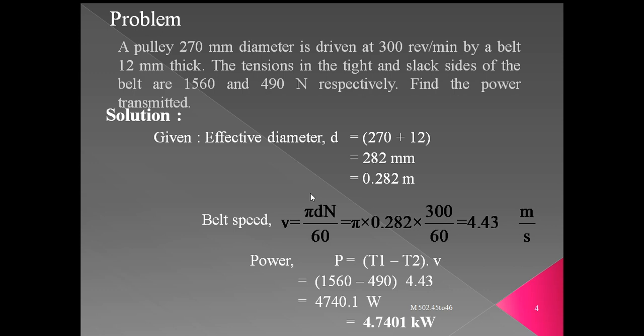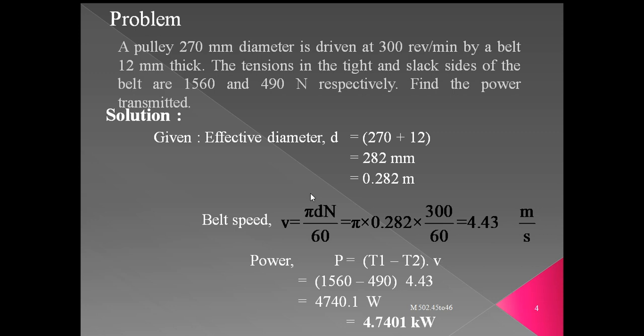The tangential force acts on the pulley; the tangential force is T1 minus T2, into V. Here T1 is the tight side tension, that is 1560, minus T2, the slack side tension, that is 490, into the velocity 4.43.